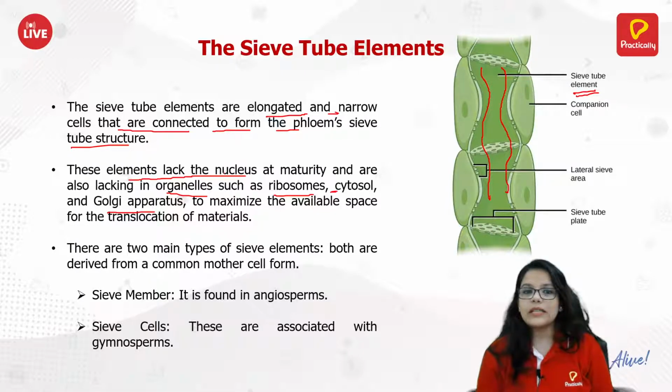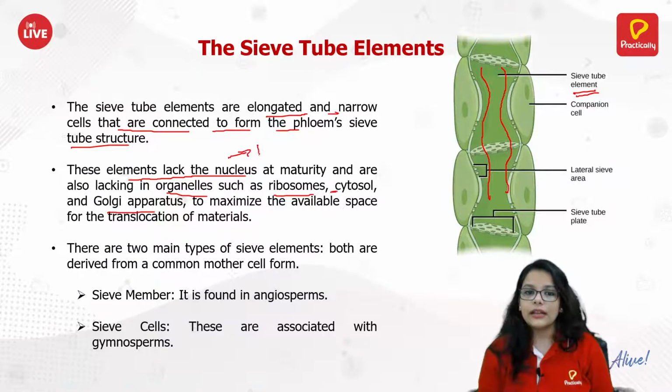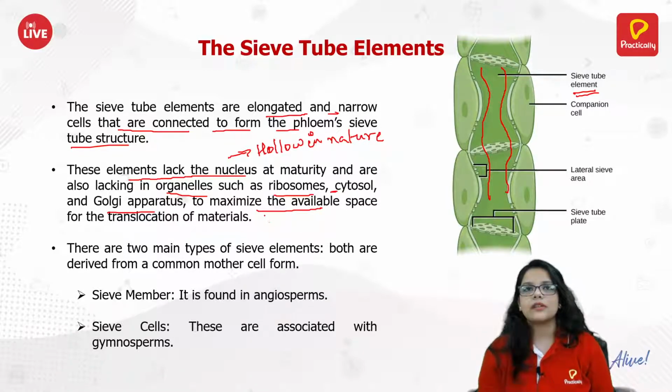So they are kind of hollow in nature. Why should they be hollow? Because they are tubes, right? This is where the food is going. So they have to be hollow, to maximize the available space for the translocation of the materials.